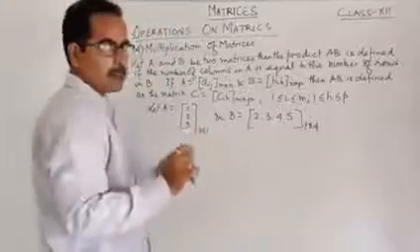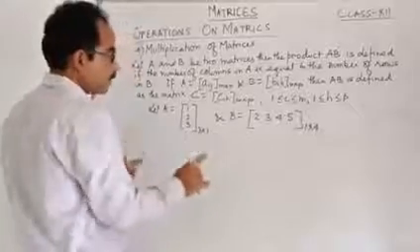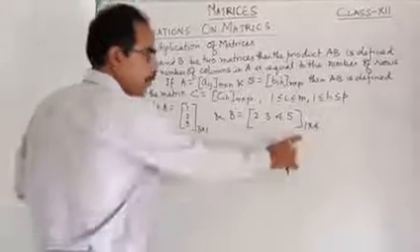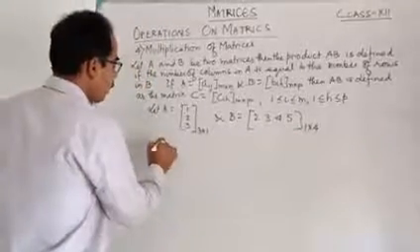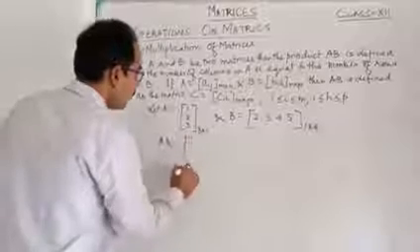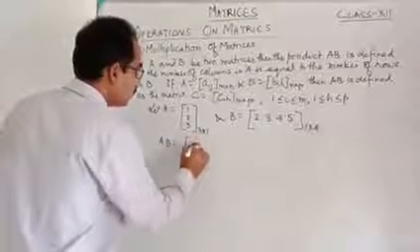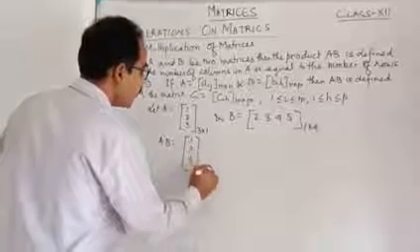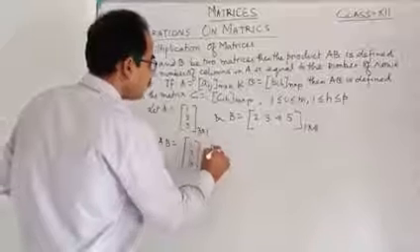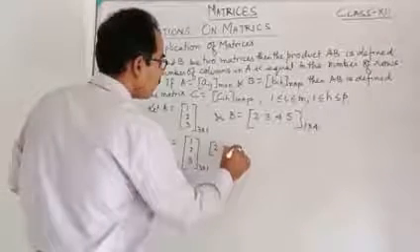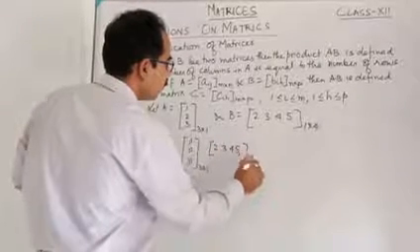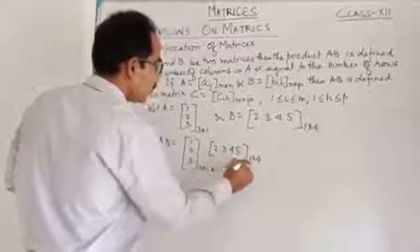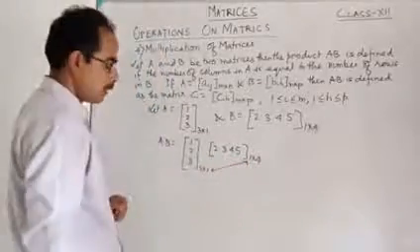Then the matrix multiplication is possible. So the resultant matrix will be what? 3 by 4.